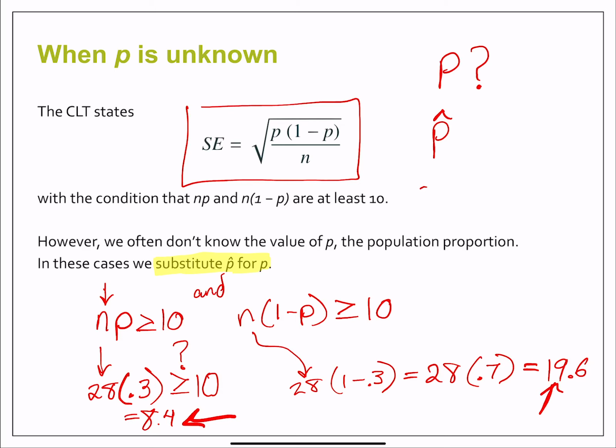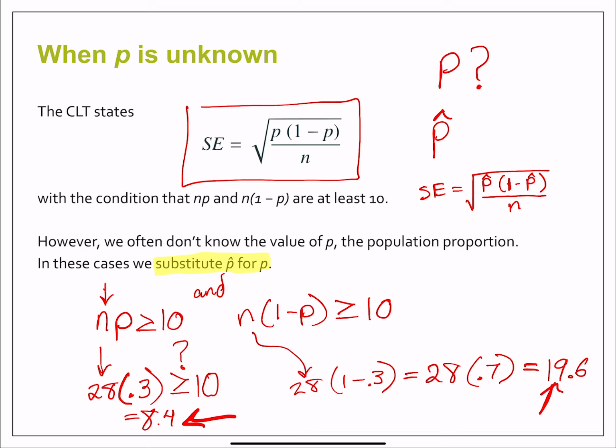Our standard error would become P hat times 1 minus P hat divided by the sample size. So it's like we're using our sample information in our standard error because we don't have the population information.